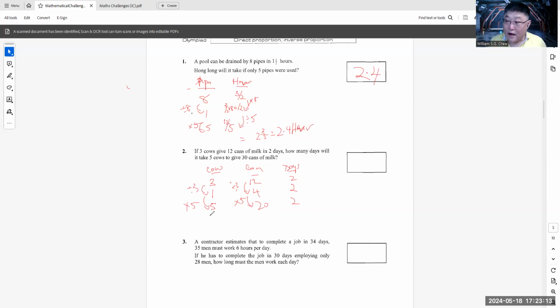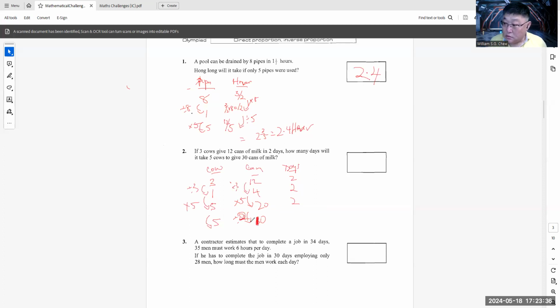Well, 5 cows, no change, but I now want 30 cans. How do you get 30? Well, first, let's deal with 10 first. If I divide 20 by 2, I get 10 cans.